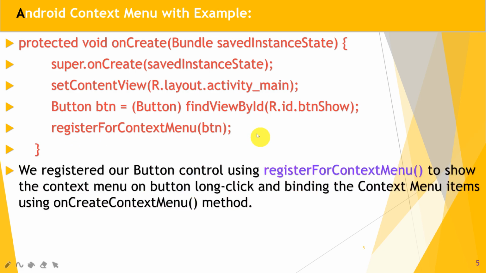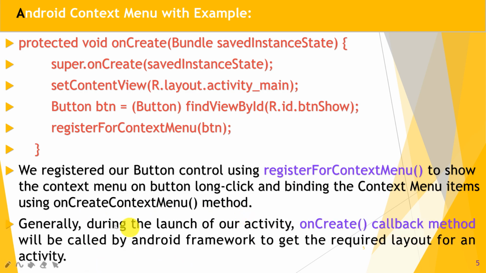Great. So we register our button control using registerForContextMenu to show the context menu on the button long click, and bind the context menu items using the onCreateContextMenu method. Great.